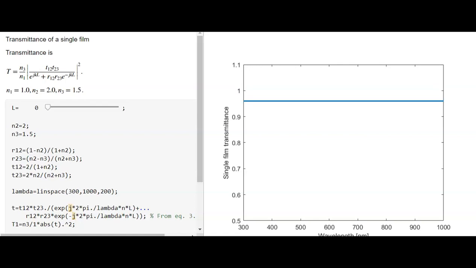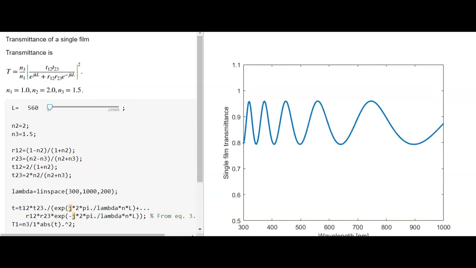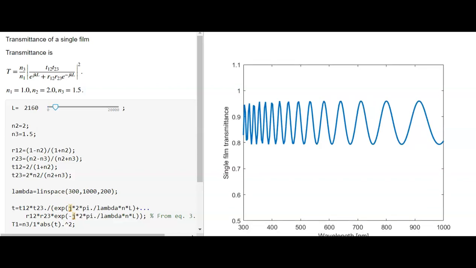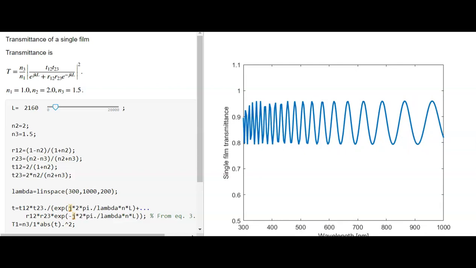When we change the thickness of the film, the resulting spectrum is shown on the right-hand side, and the thin film in general has a slowly varying transmittance spectrum. When the thickness is increasing, the periodicity of the oscillation will decrease.